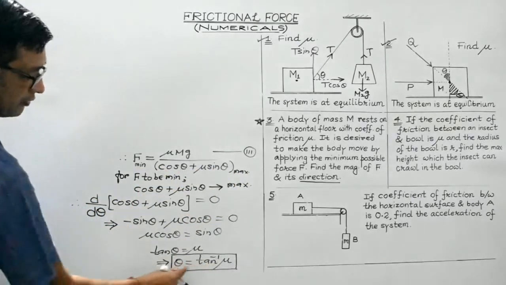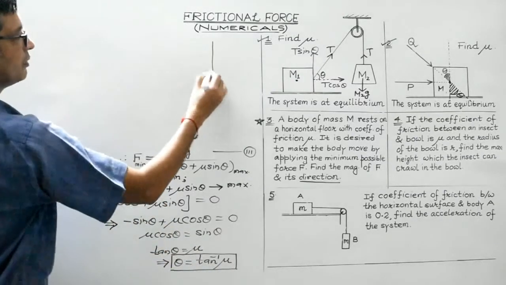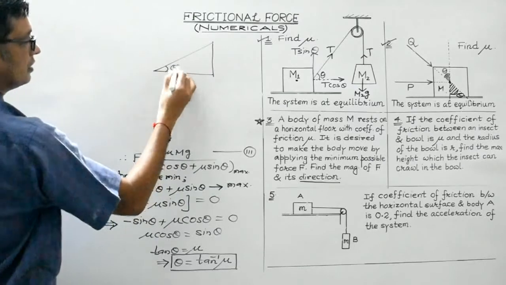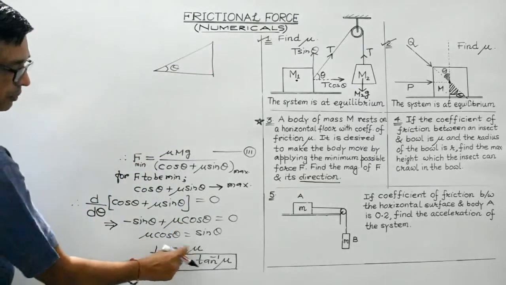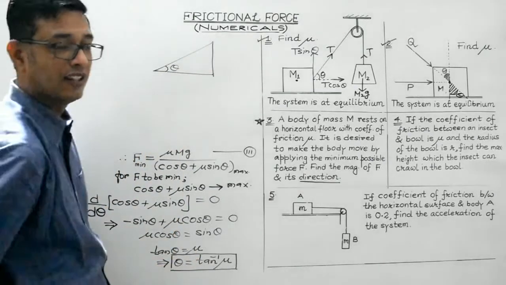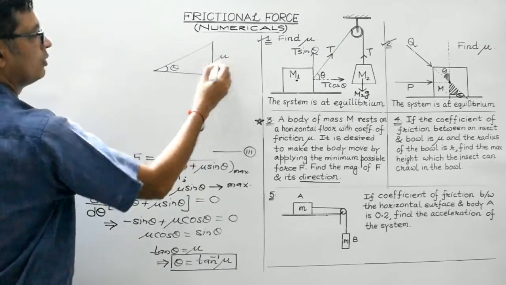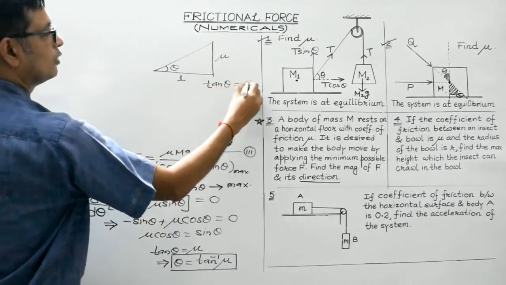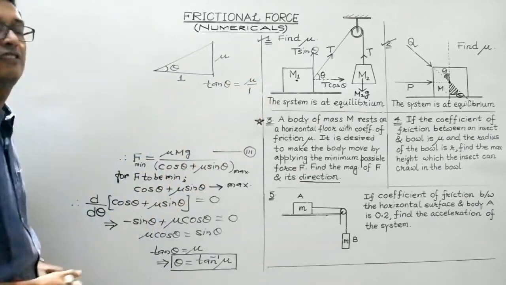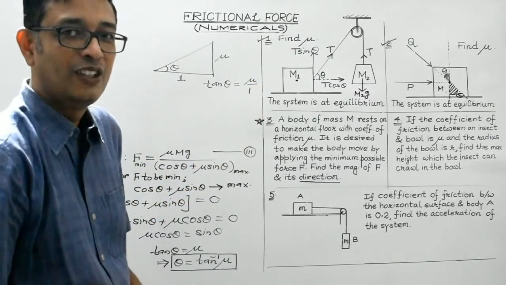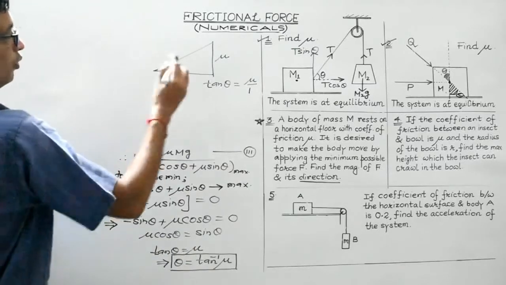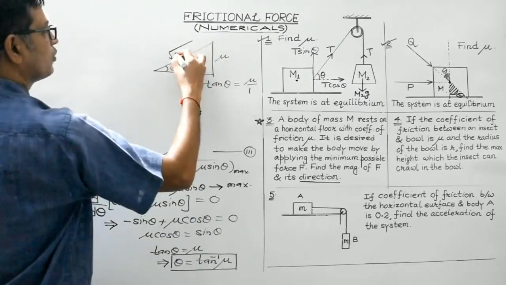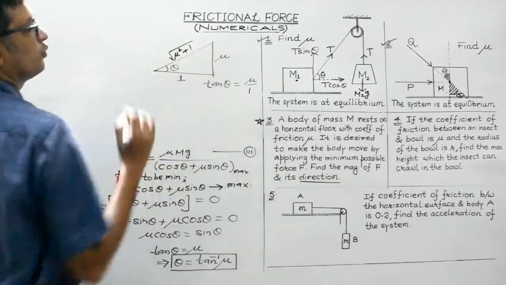Now, we are aware of the value of tan theta. We can make use of this triangle. This is theta. Tan theta is perpendicular by base, isn't it? It's mu by 1. So, perpendicular is mu, base is 1. Am I clear? So what about the hypotenuse? It would be square root of mu square plus 1.